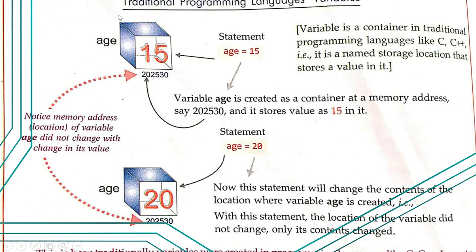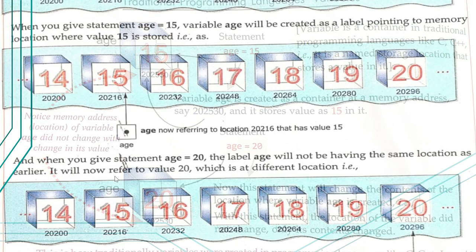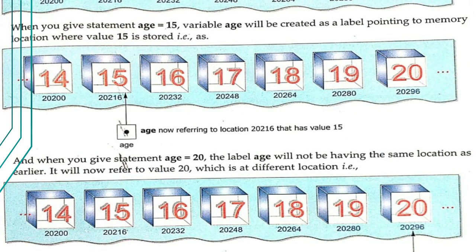So one thing is clear here: the address of the variable remains the same in C++ and Java, and the value may change. But in Python, as Python has a front-loaded memory, common values are stored somewhere in memory prior to the program.